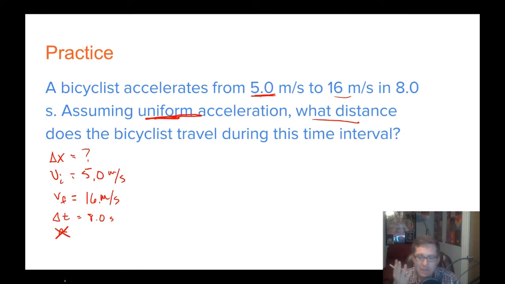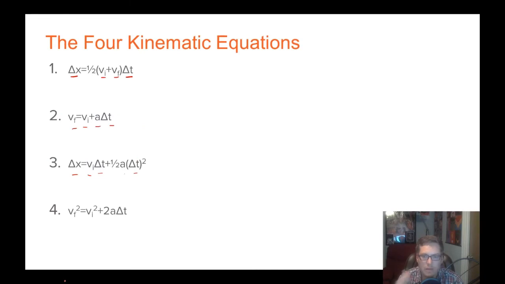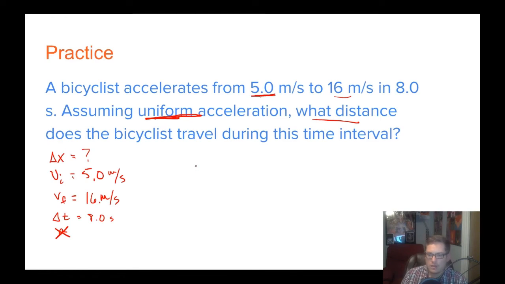So we're going to look at these first 4, and we're going to say, all right, I've got vi, vf, and delta t, and I need delta x. So we need to pick one of our kinematic formulas that uses those 4, delta x, vi, vf, and delta t. So it has to be the first one. So delta x is equal to 1/2 times (vi plus vf) times delta t.